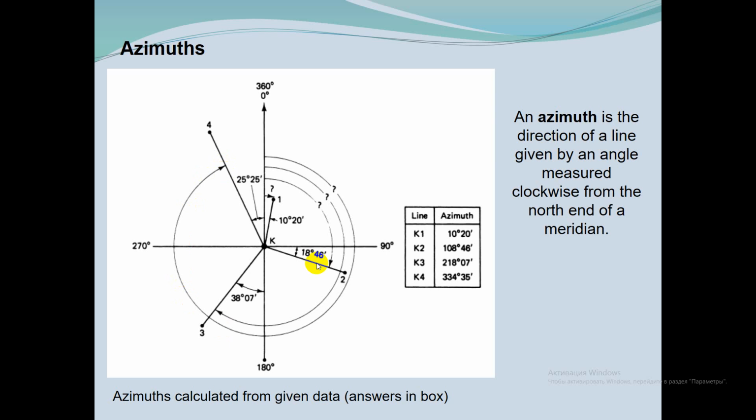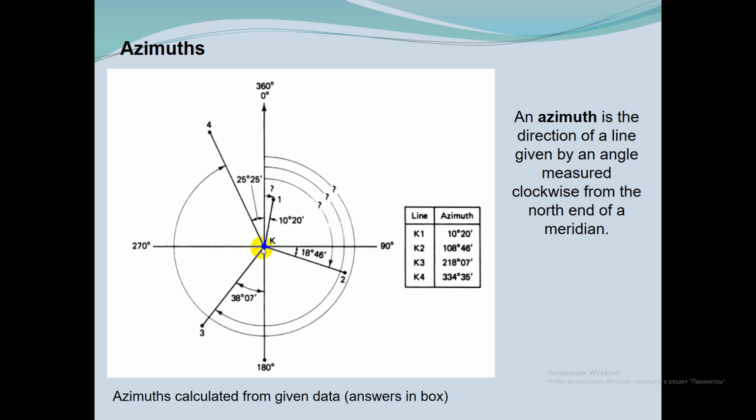For example, the azimuth of K2 is 90 degrees plus 18 degrees 46 minutes, a total of 108 degrees 46 minutes.